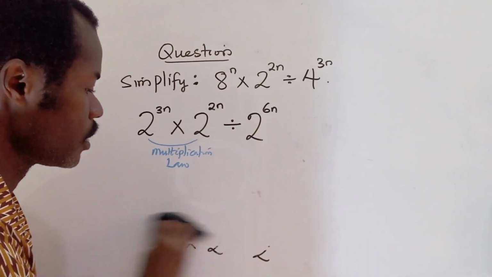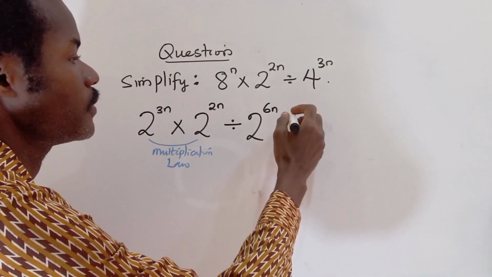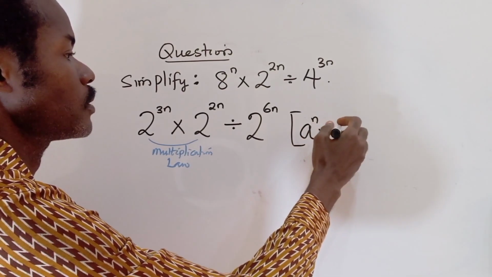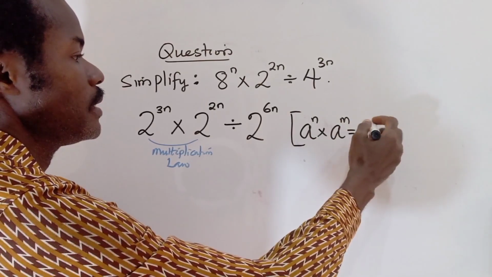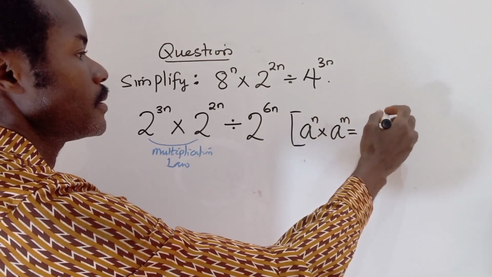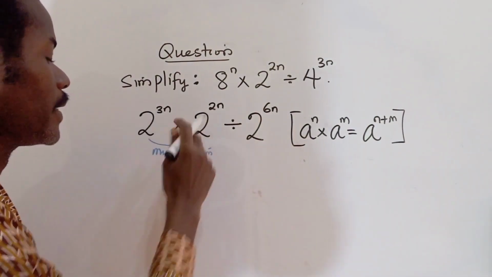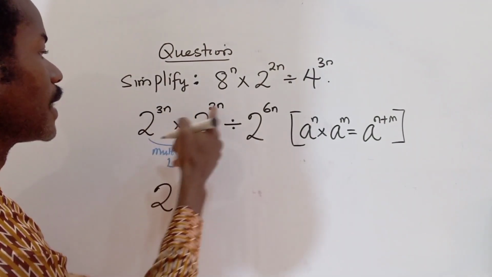Now for the multiplication law, what do we do? If you have, let's say, a to the power of m multiplied by a to the power of n, you simply take one of the base and add the powers. So we're going to apply that here. I'm going to take one of these, which is the base 2, and add the powers.